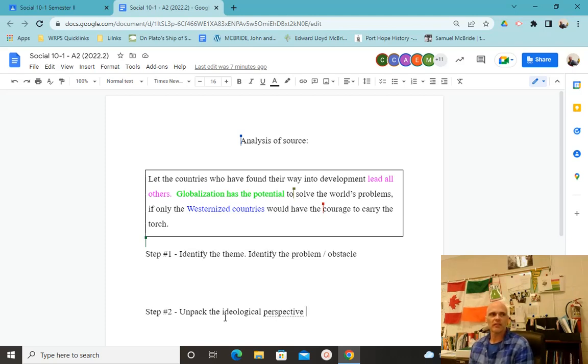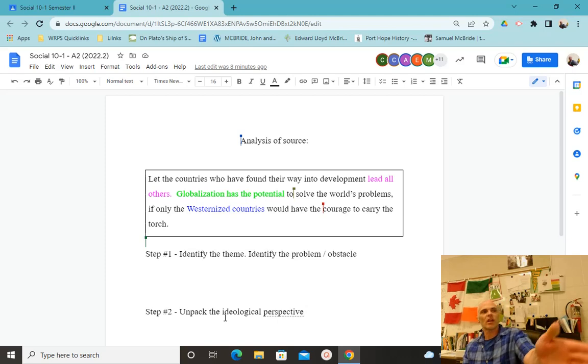It's in the first sentence. That they have first found their way into globalization, right? Let the countries who have found their way into development lead all others, if only the Western countries would have the courage. So when it says, let the countries who've found their way, they're talking about the Western countries. We just don't use the term Western countries in both.